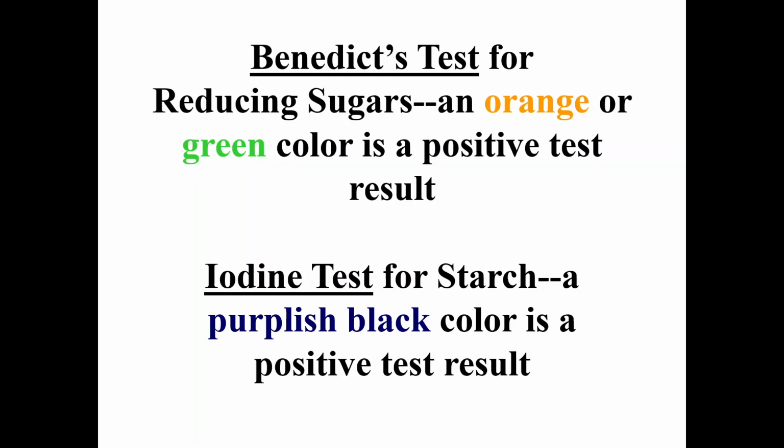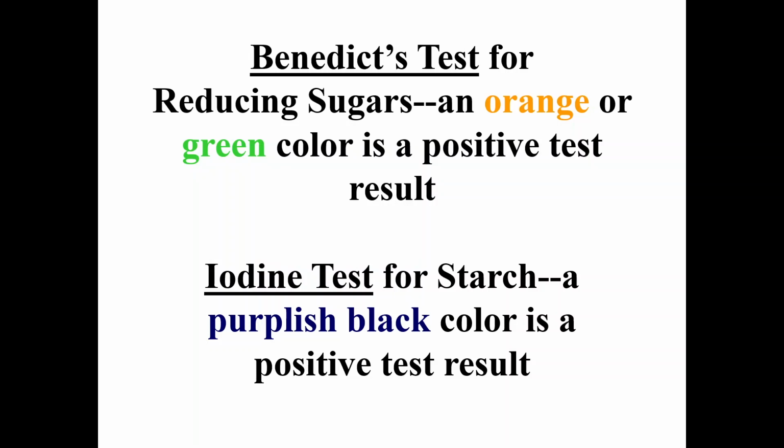When we do this Benedict's test, you'll get to see a very obvious color change, right? And so if it's orange or green, that means it's a positive test result, meaning that the sugar does reduce the molecule, okay? And we're going to be doing this in lab, so keep note of these, okay?